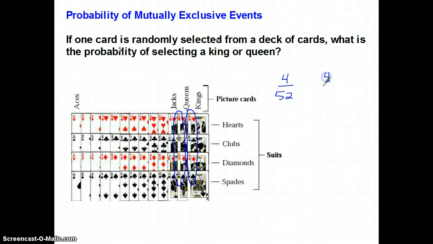And also the king has a 4 out of 52 chance independently of being selected. If you want to figure out king or queen, you simply add these 2 probabilities together and end up with an 8 out of 52 chance, which then will reduce to 2 out of 13.